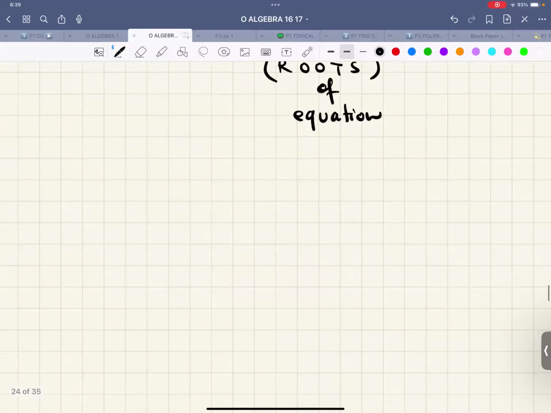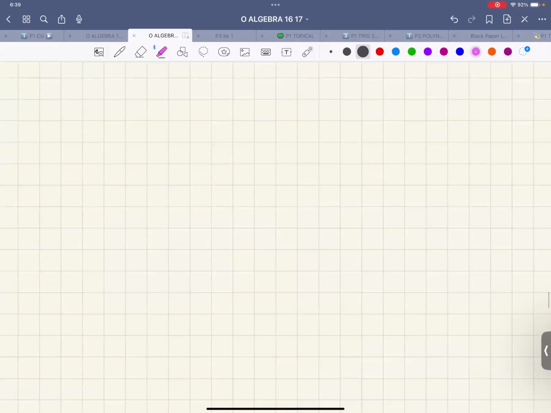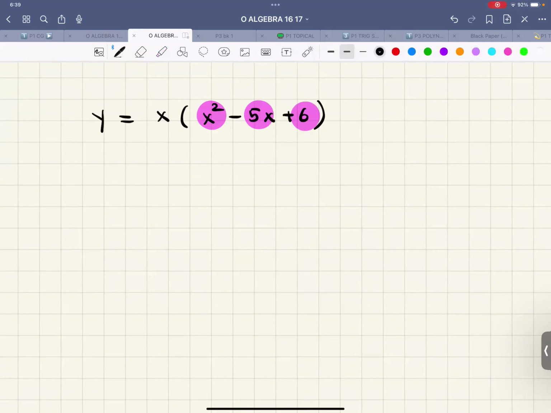Now let me create something like this. Let me write y is equals to x, and this is x squared, and this is minus 5x plus 6. How will we sketch this? First of all, focus on this. Let's factorize.